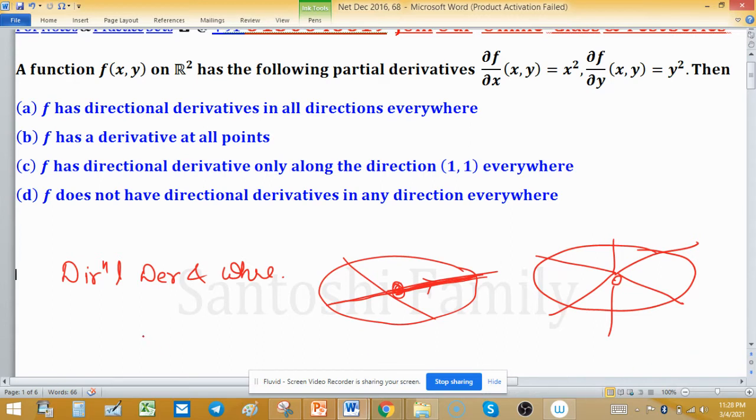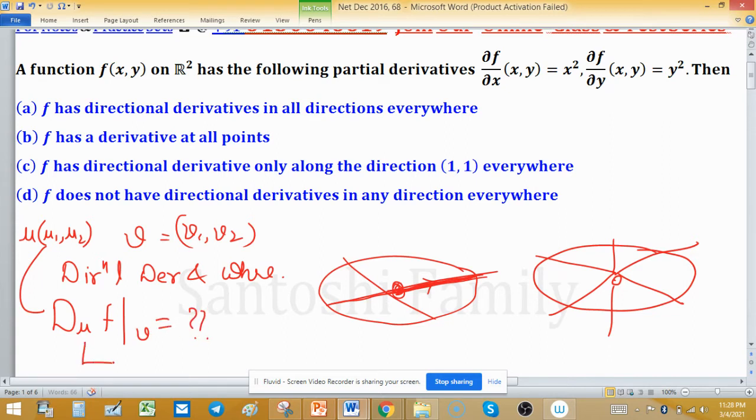So to find directional derivative, suppose this is a vector v and the direction is a vector u. Let's consider v as (v1, v2), and vector u as (u1, u2). Suppose you are going to find directional derivative in the direction u at the point v.